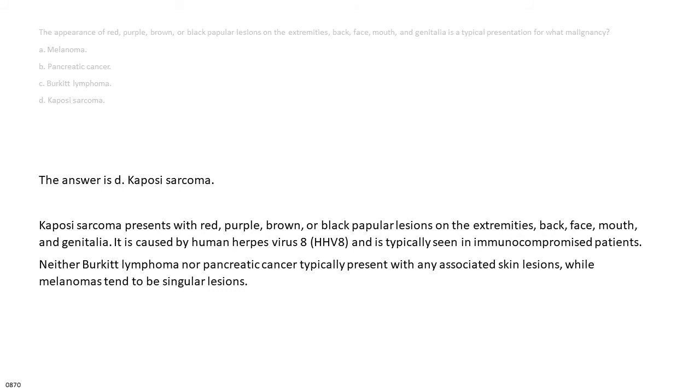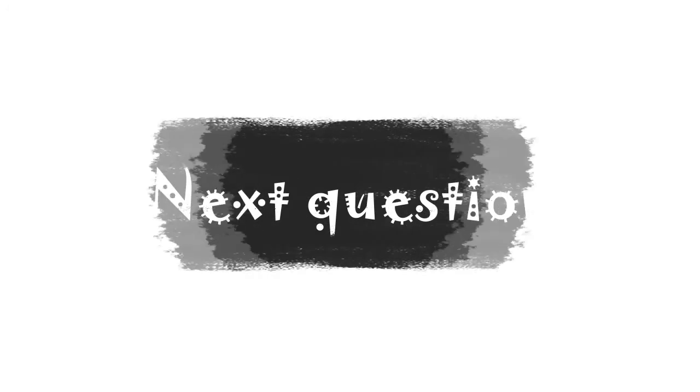Kaposi sarcoma presents with red, purple, brown, or black papular lesions on the extremities, back, face, mouth, and genitalia. It is caused by human herpes virus 8, HHV8, and is typically seen in immunocompromised patients. Neither Burkitt lymphoma nor pancreatic cancer typically present with any associated skin lesions, while melanomas tend to be singular lesions.